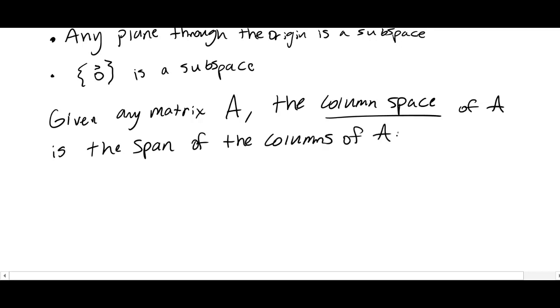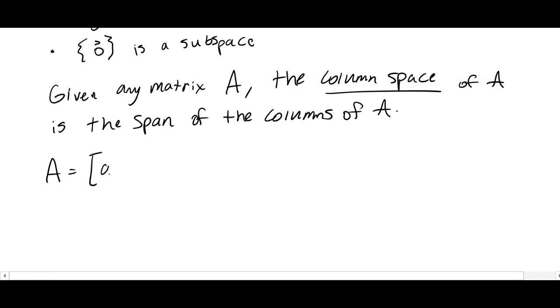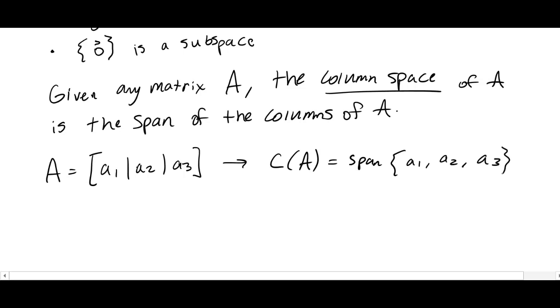So if A is the matrix whose columns are A1, A2, A3, then the column space of A, denoted C of A, is the span of A1, A2, A3, which is the set of all linear combinations c A1 plus d A2 plus e A3, where c, d, and e are real numbers. And A1, A2, A3 are the columns of A.